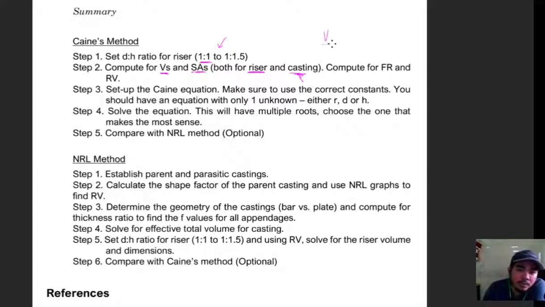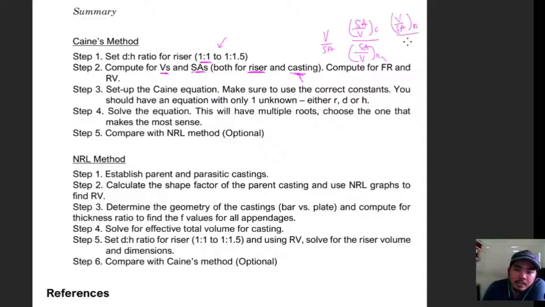So from the volume and surface areas, pwede nyo na ma-compute yung freezing ratio. Again, freezing ratio is SA over V ng casting over SA over V ng riser. And again, I like to use volume over surface area ratio.